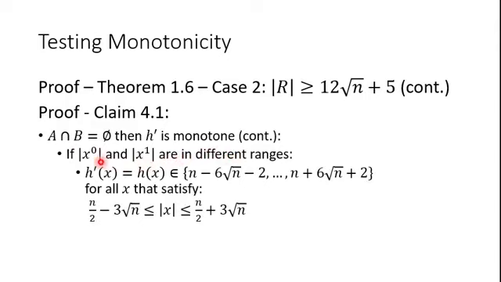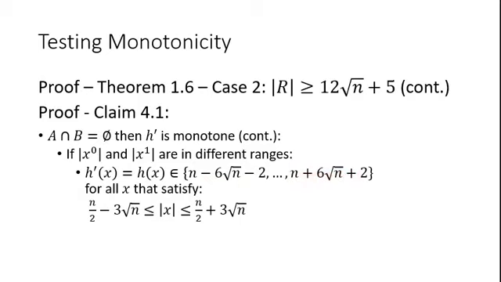Okay, so the more interesting case is if the Hamming weight of x0 and the Hamming weight of x1 are in different ranges. But in this case, what we should pay attention to is the fact that H prime of x equals H of x for all x that satisfy the middle range. And what is H of x? H of x is something that is included in this range between the lowest value and the highest value.